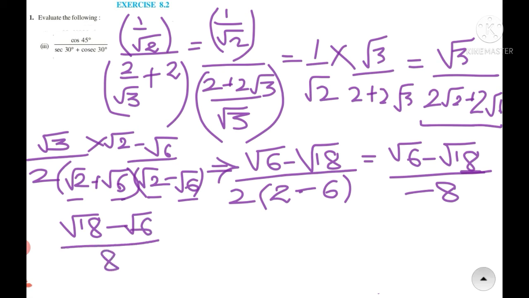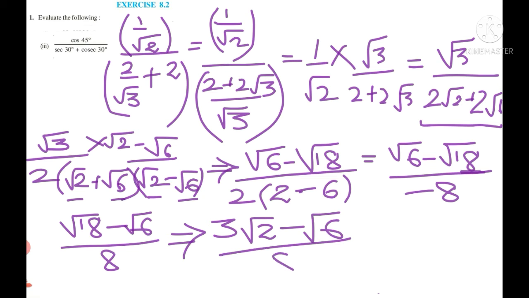Now, my denominator becomes positive. But the last step which is left is root 18 can be simplified as 3 root 2. How? Because factors of 18 are 2 into 3 into 3. So 3 comes out and 3 root 2 minus root 6 divided by 8. So this is going to be our final answer.